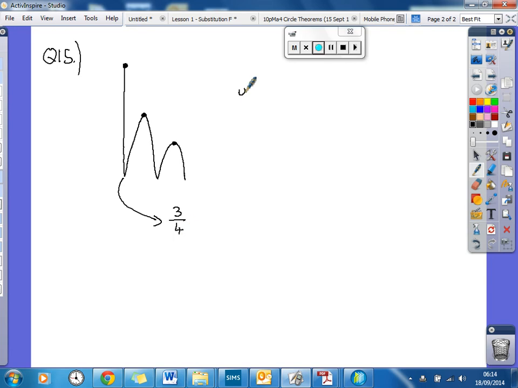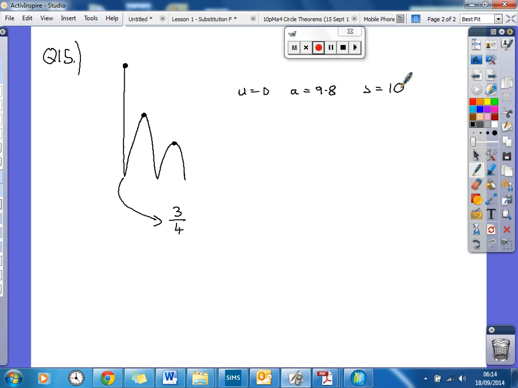Now it starts from rest, so u is equal to 0. It's going down, so acceleration is in the same direction, so we can call it positive. And we know that s, it dropped from a height of 10 metres.